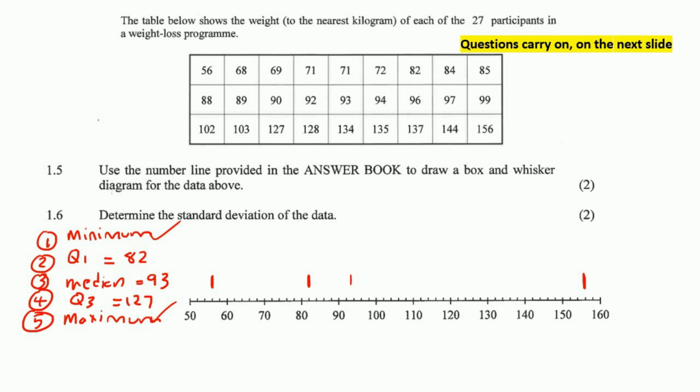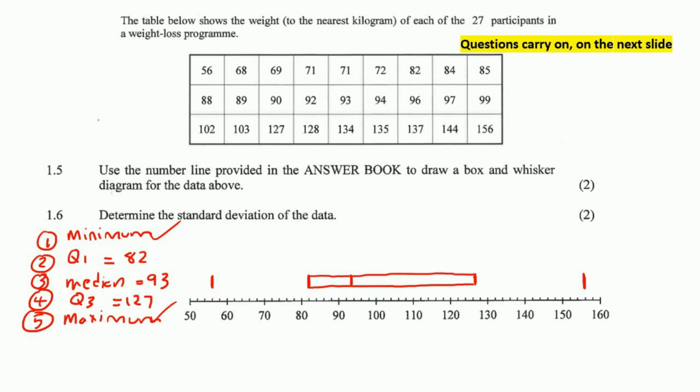And then 127 would be 122, 124, 126, 128, so it'll be in between these two lines. And that's it. Now you take the middle 3 lines and make a nice little box. Mine's completely off there. More like that. And then you just complete that little box.